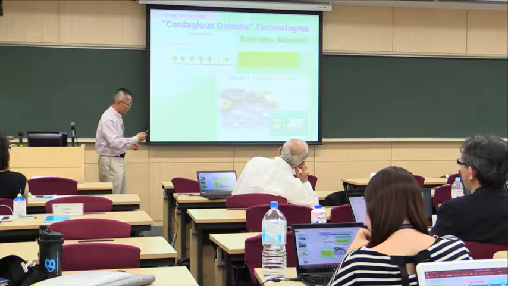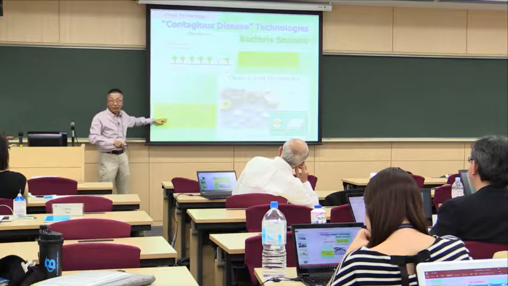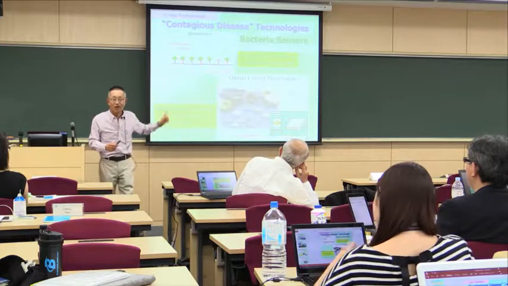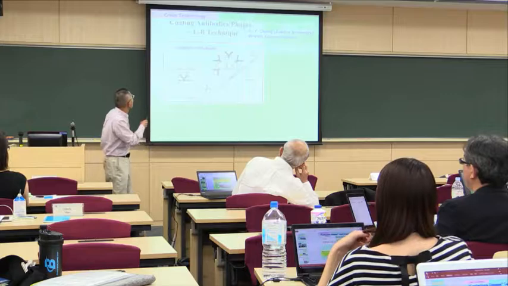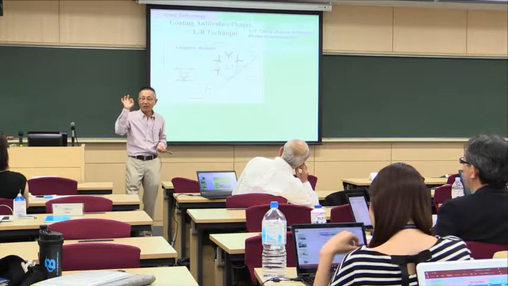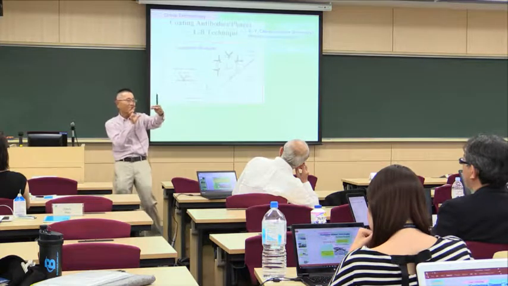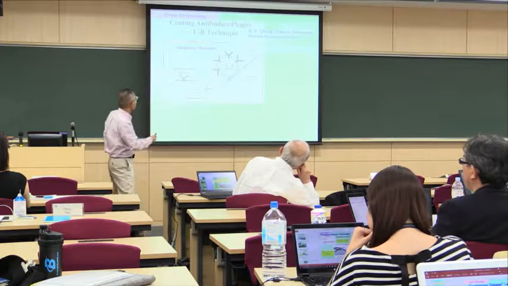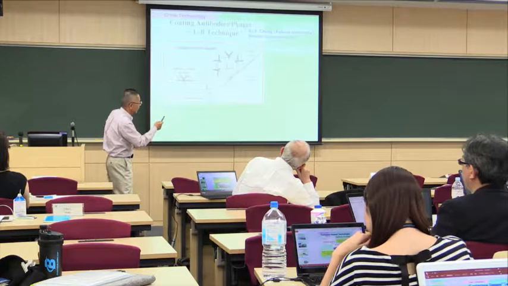By monitoring the load change and the resonance frequency change, we can monitor how large an amount of bacteria exists in this air condition. The coating is an antibody. To trap a particular virus, we need to set a so-called antibody, just a trap for that particular virus. So the antibody is provided.